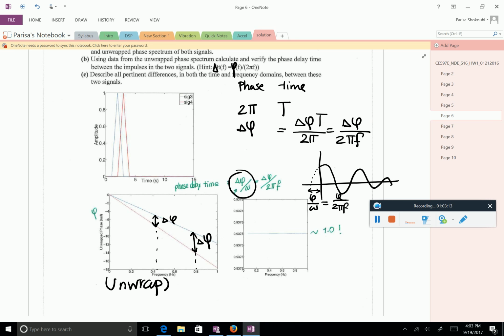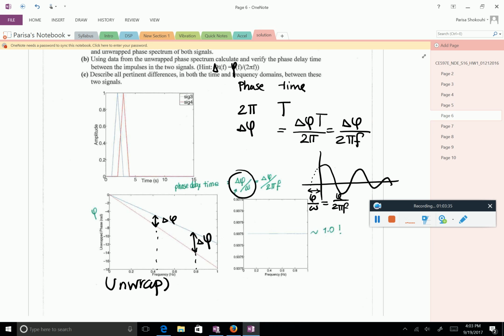So again, these are 2 pulses. One is just 1 second ahead of the other. So we looked at the frequency domain, amplitude looks just the same because it's the same pulse. But in phase, their difference shows up because one is lagging behind the other one.